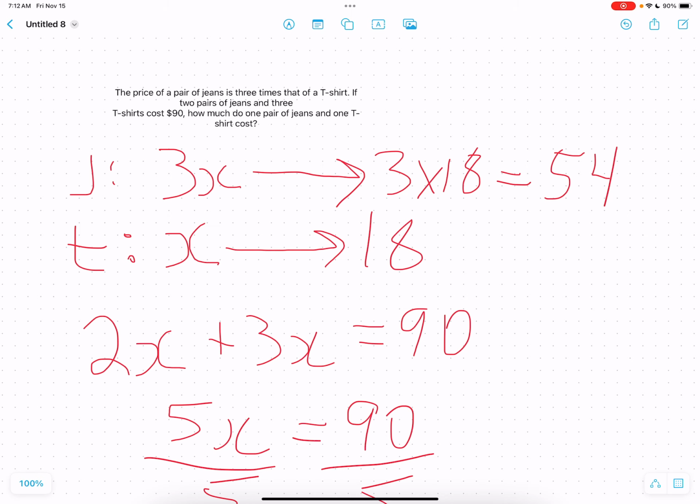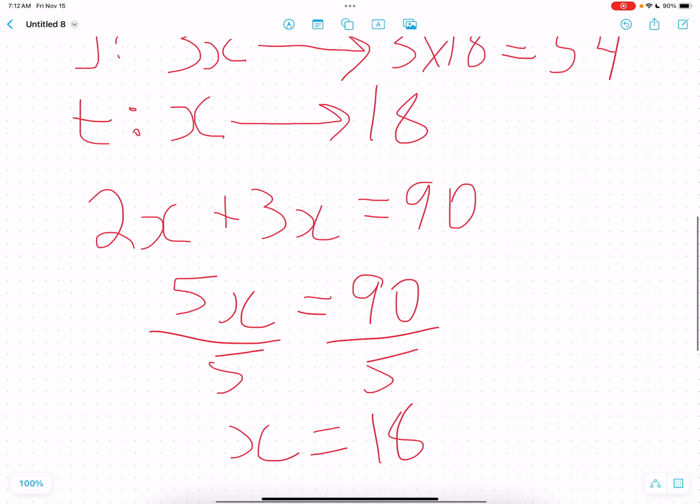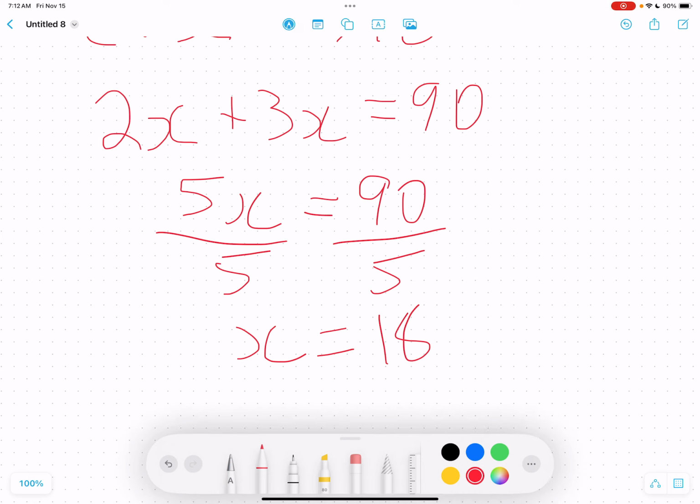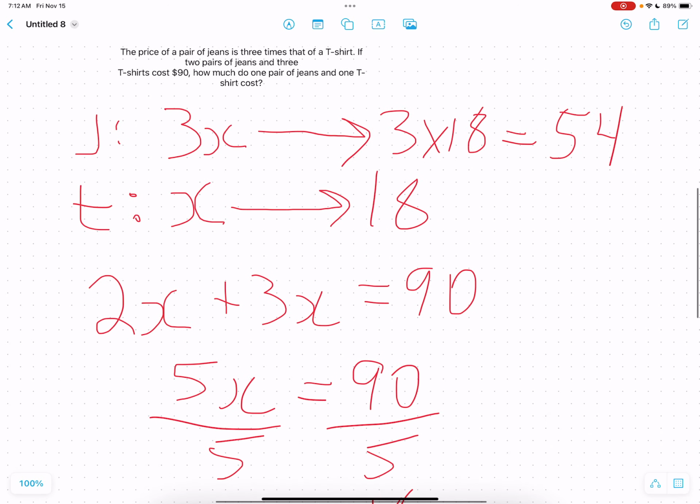Now the question is, how much do 1 pair of jeans and 1 t-shirt cost? Well, that's actually it. So then what I would do is write a nice sentence: 1 pair of jeans cost $54.